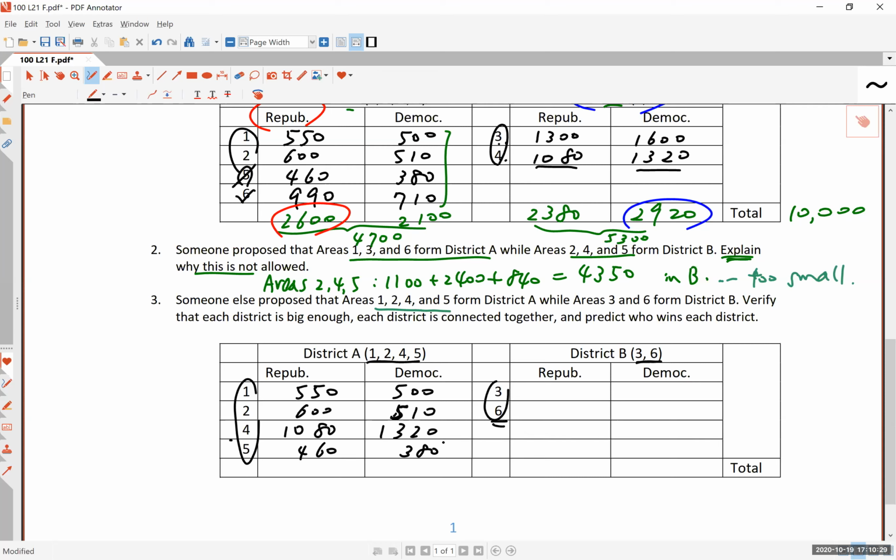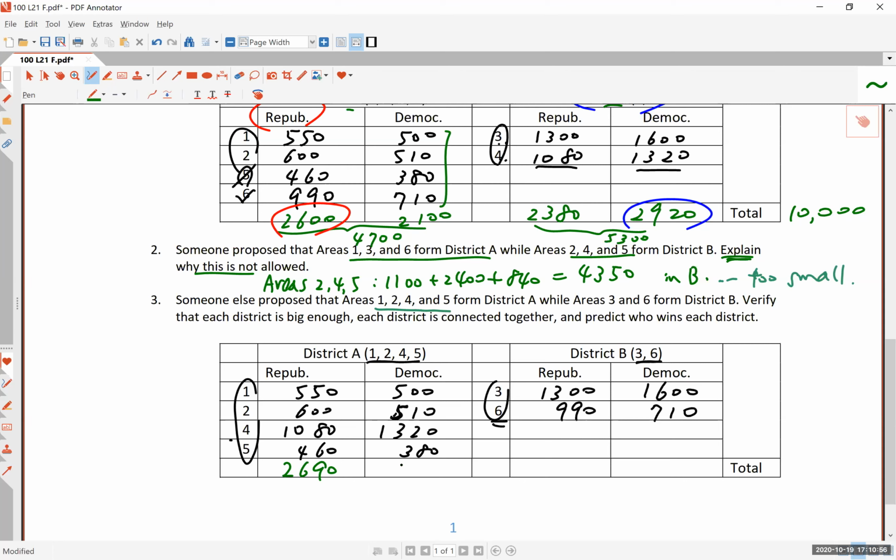All right. So again, I'm just writing down these numbers again. 3 has 1,300 red and 1,600 blue, and number 6 is 990 red and 710 blue. All right, let's add them up. If you add up these 4 numbers here, you get 2690, and that's for the red party registered voters.